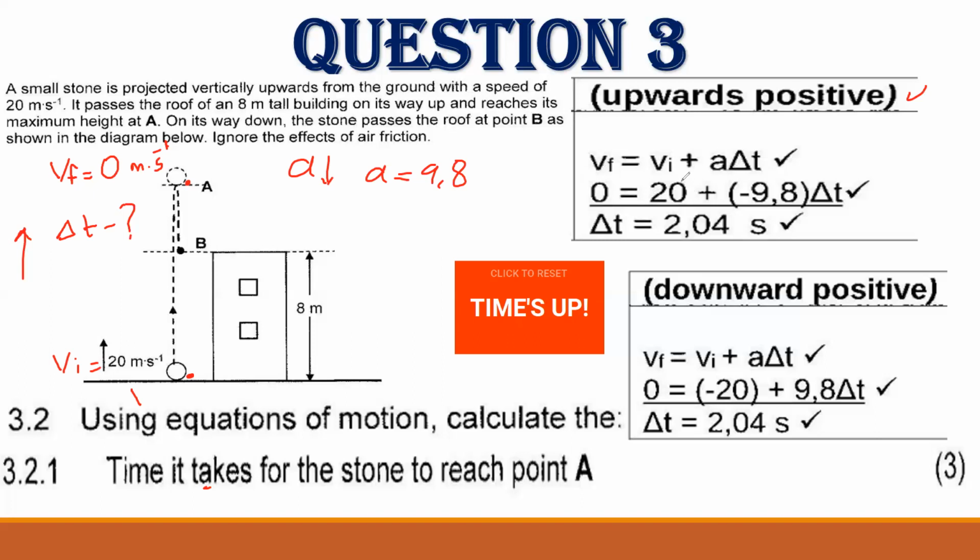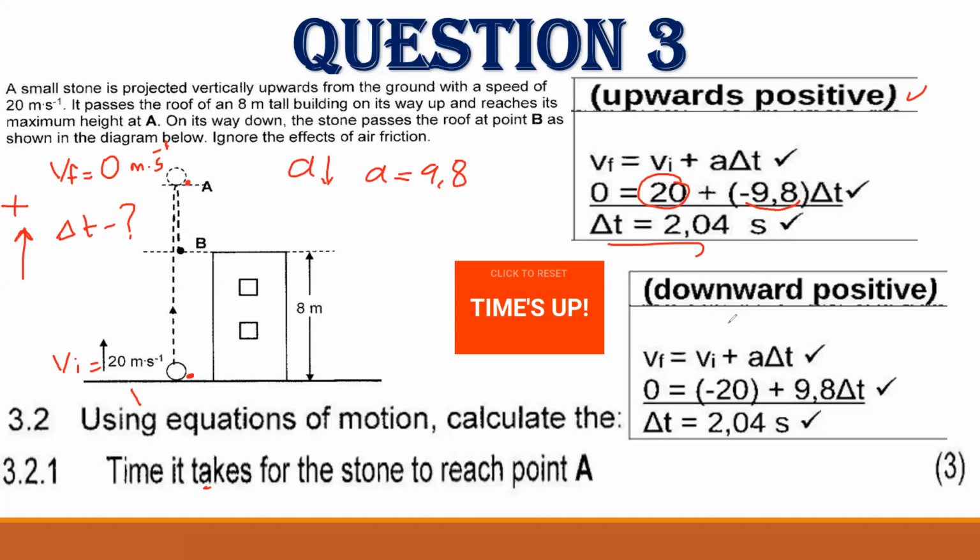Now your V initial is plus 20 because the initial velocity is going up. But your acceleration is minus 9.8. Why? Because you said up is positive, but acceleration is always down. So it is minus 9.8. And then you calculate delta T, 2.04.